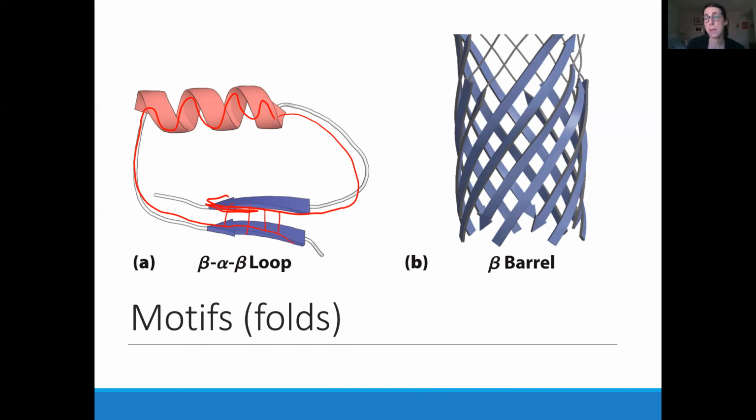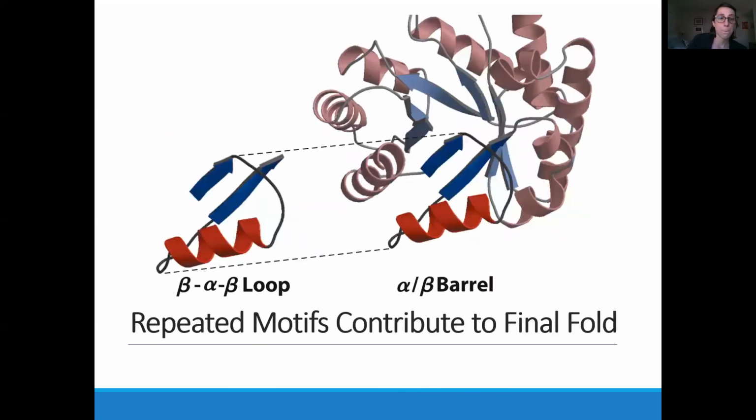Another one is a beta barrel. This is something that's made of only beta sheets. Again, usually you see these as only small segments. They don't make up the entire protein, but will be a segment of the protein that forms this barrel-like structure of sheets that are wrapped together. Another example is an alpha beta barrel.